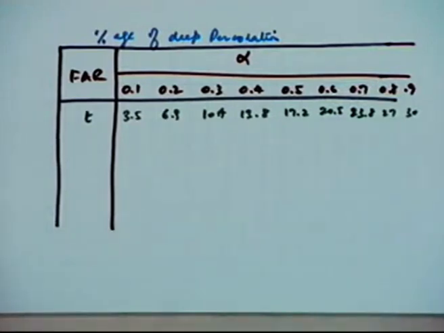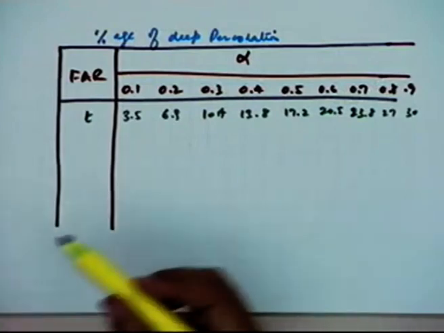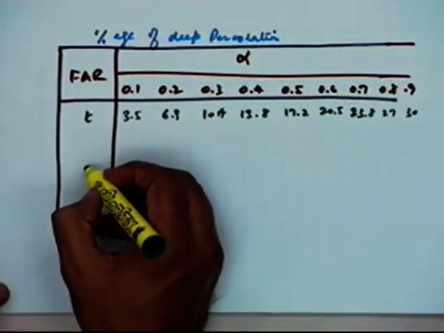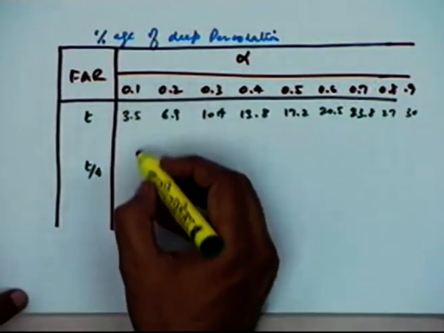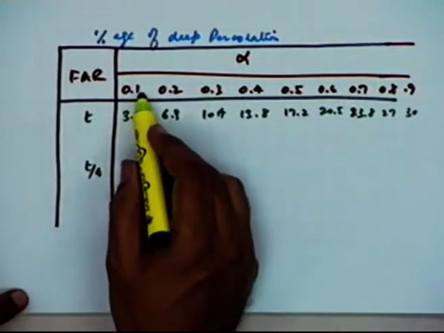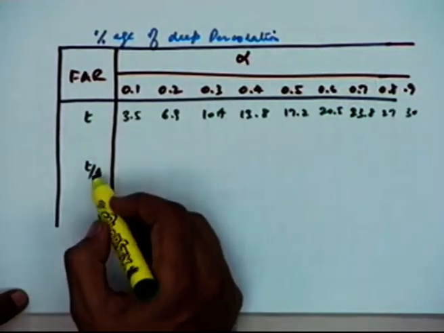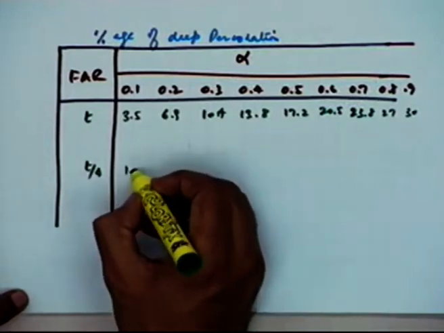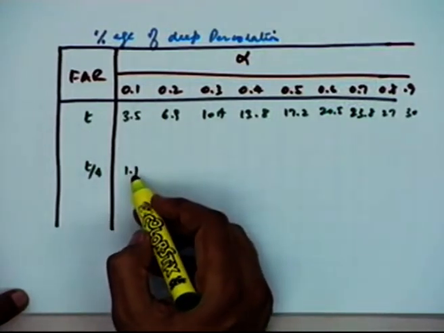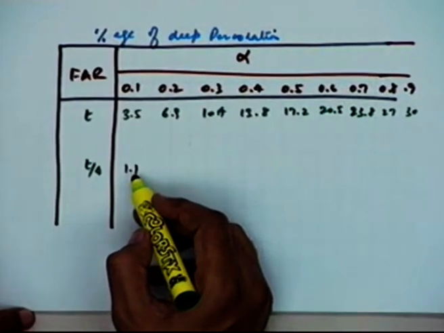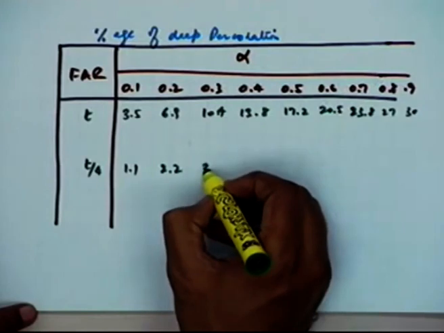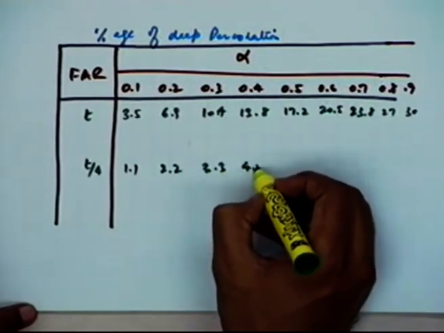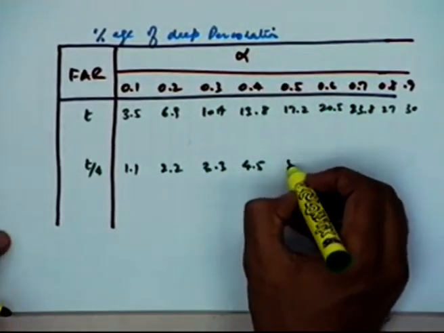Let's take another sample, when you have T by 4, out of which we have analyzed only one. But for the others, for example, when alpha is 0.1 and you have a FAR ratio of T by 4, in this particular case the deep percolation losses will be 1.1%, 2.2%, 3.3, 4.5, 5.6.